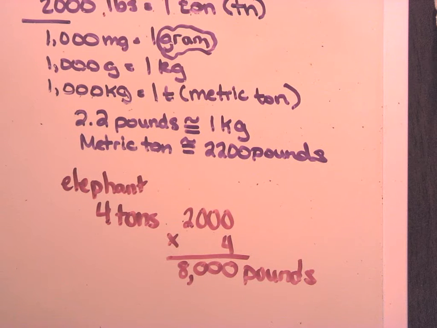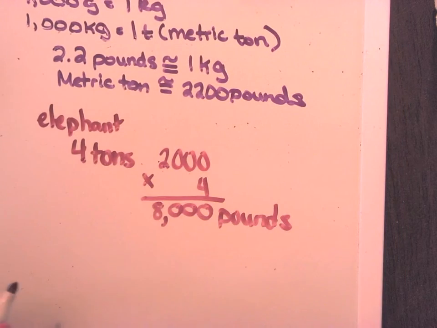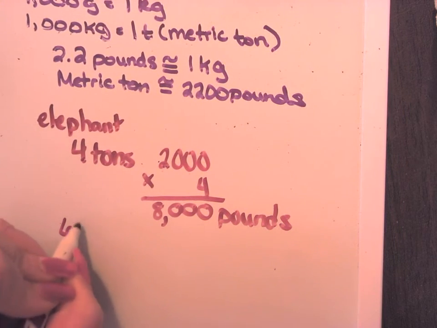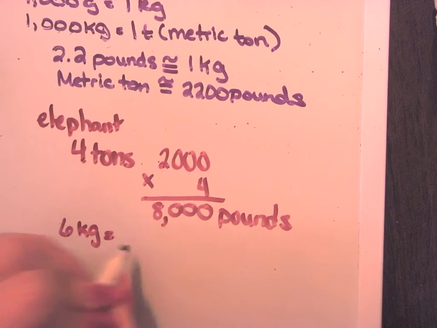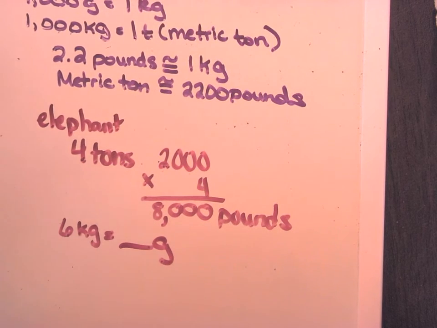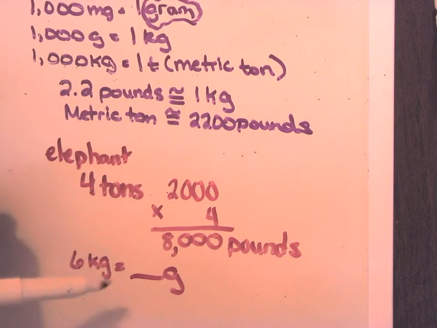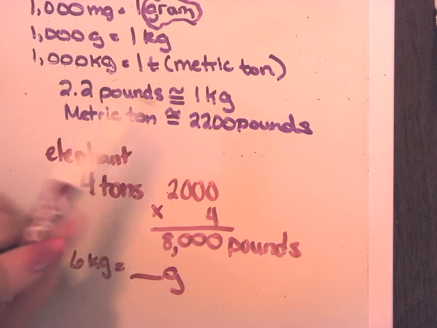All right, number 2 says Boyd's watermelon has a mass of 6 kilograms. The mass of the watermelon was how many grams? Well, 6 kilograms. All right, and we want to know how many grams. 6 kg equals blank g. All right, so I go back up to my handy dandy chart, and I'm looking for kg and g.